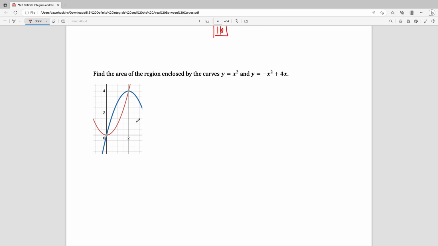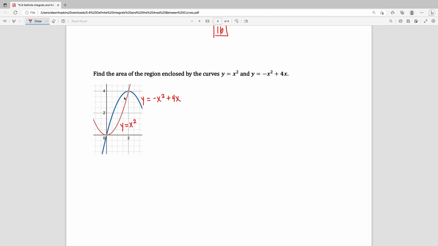The graph that I have here is from Desmos. So it tells me where the two curves intersect at x equals 0 and x equals 2. And in this case, the red curve is y equals x squared. And the blue curve is y equals negative x squared plus 4x. So from x equals 0 to x equals 2, you can see that the blue curve is on top.